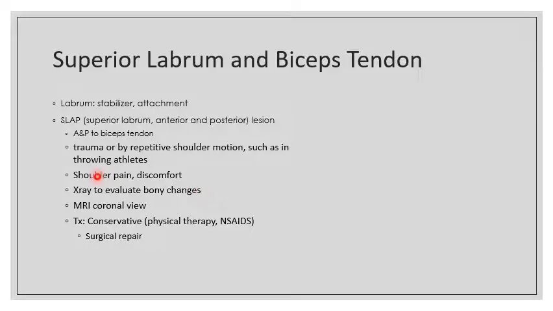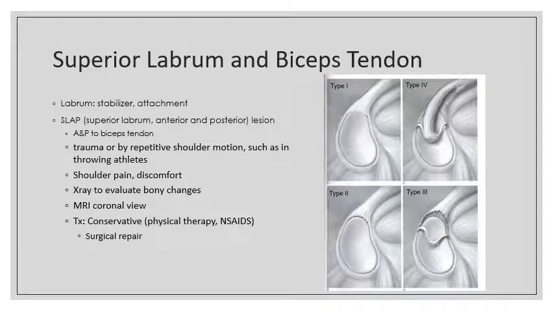Usually it is seen in throwing athletes or those with repetitive shoulder motion, and they are characterized by shoulder pain and discomfort. X-ray is used to evaluate bony changes. This is a type of SLAP lesion, with some fraying already here. If you compare it to type 4, the superior labrum has already come down with the biceps tendon.